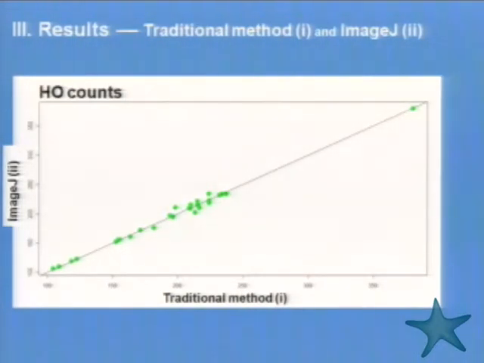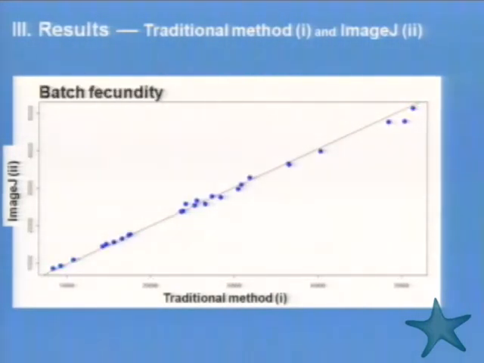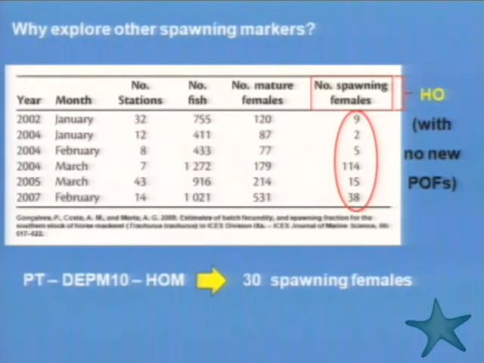This is for all the samples we have: traditional method counts of hydrated oocytes versus ImageJ. They fit very well. And if we apply our results to obtain the batch fecundity estimates, the results are also very good.